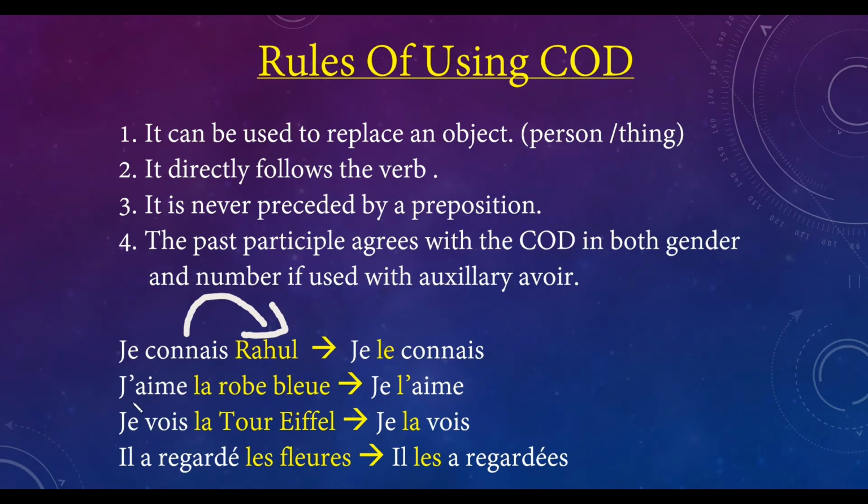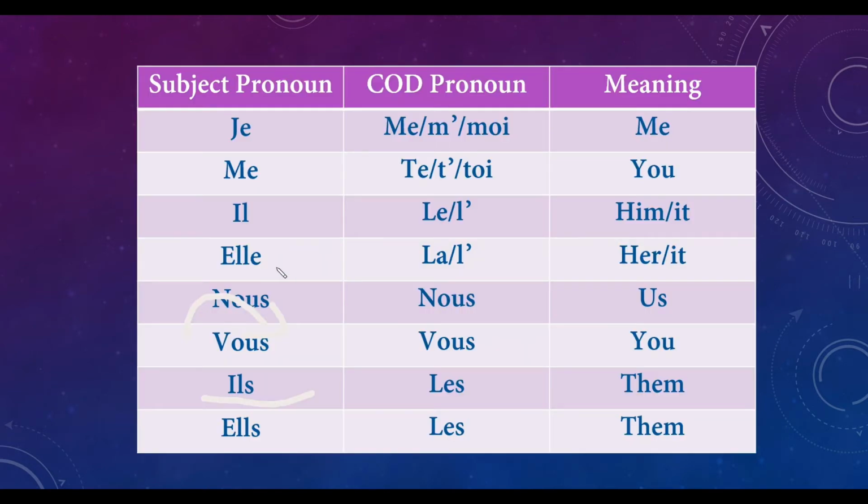Okay, let's take another example. J'aime la robe bleue. So here is the object. Here is the verb. I love the blue dress. Now, this is the object that you have to replace. It is feminine singular. What to use for feminine singular? La.